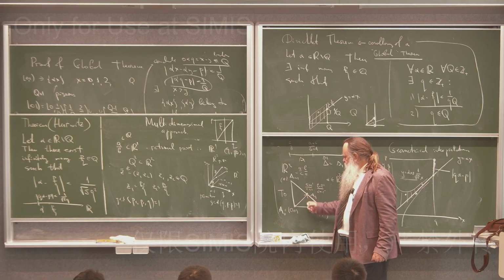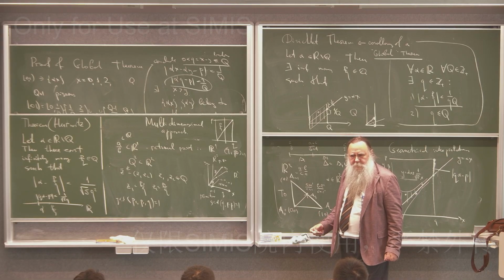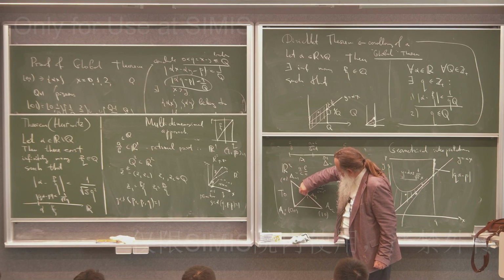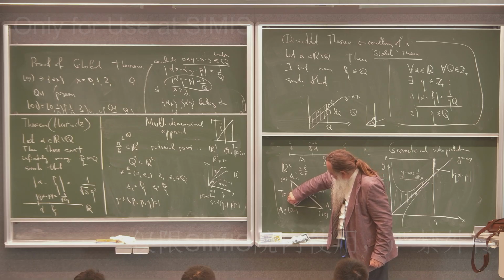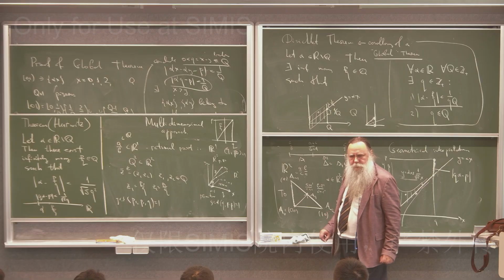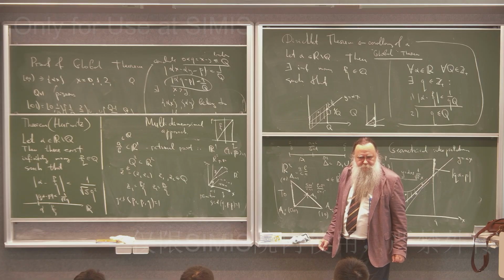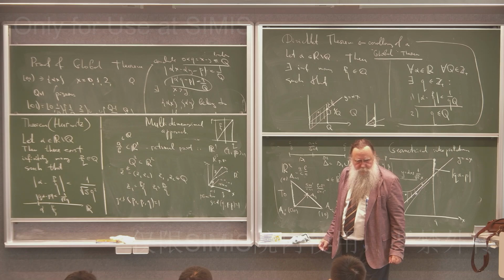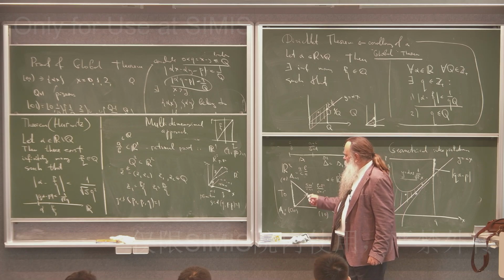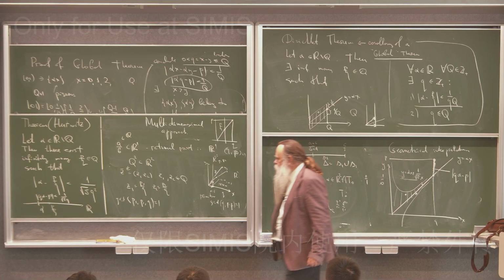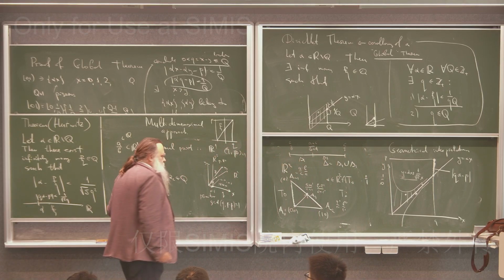So what I do next, I take the last point, consider the opposite edge. The opposite edge has rational endpoints. I write these rational endpoints in such a representation.